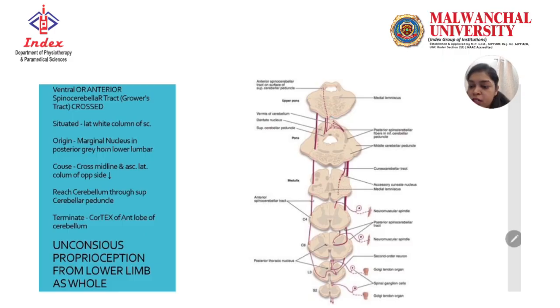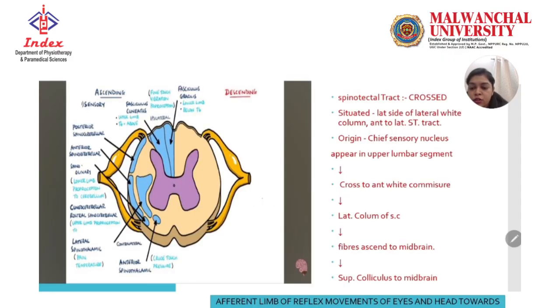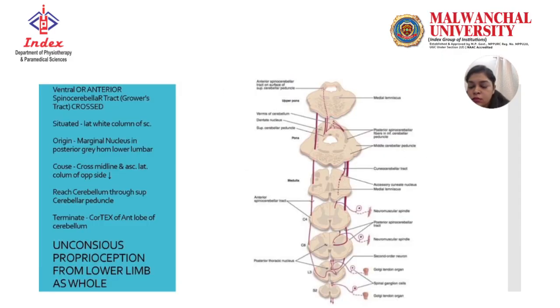So the origin is the marginal nucleus in the posterior gray horn, then it crosses the midline and ascends to the lateral column of the spinal cord, then reaches the cerebellum through the superior cerebellar peduncle and then terminates in the cortex of the anterior lobe of the cerebellum. इसका फंक्शन भी वही अनकॉन्शियस प्रोप्रियोसेप्शन फ्रॉम लोअर लिम्ब एज होल, सेंसेशंस को कैरी करना. सो ये इसका रूट है. Here is the second order neuron.